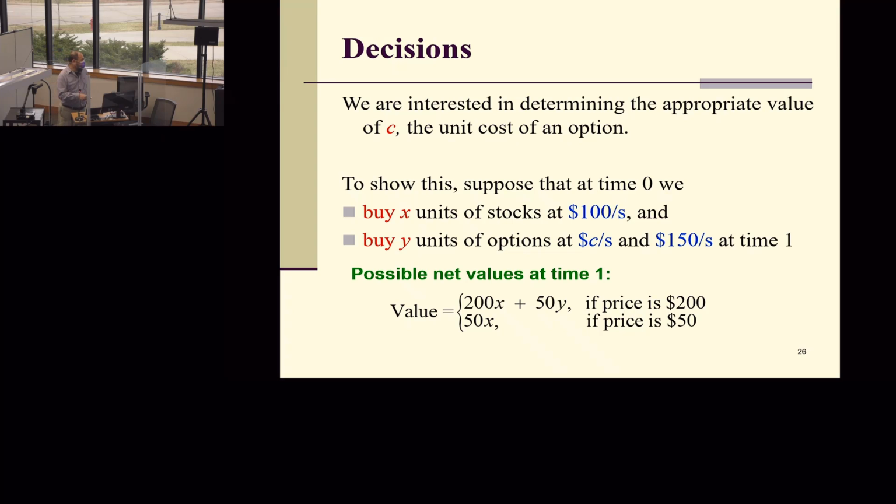So that will be $50 times Y. If the stock price after one period drops to 50, I'm going to choose not to exercise the option and let it expire worthless, meaning I'm not going to do anything with it. So the outcome after one period is either 200 times X plus 50 times Y, or just 50 times X, either way.